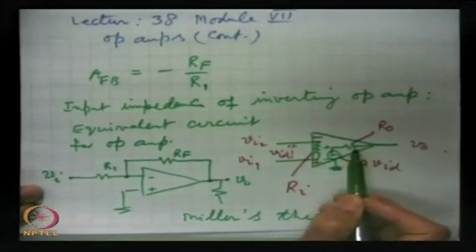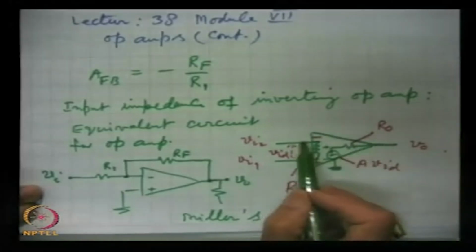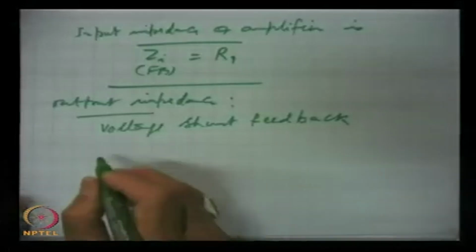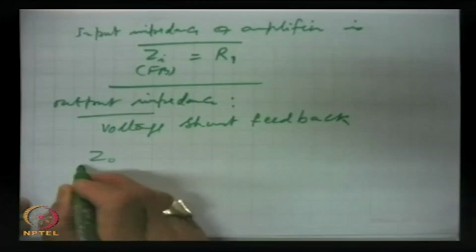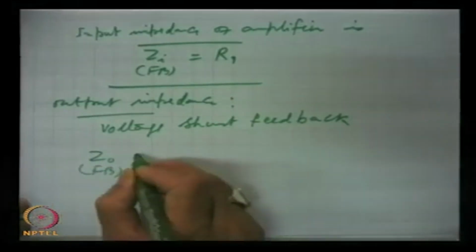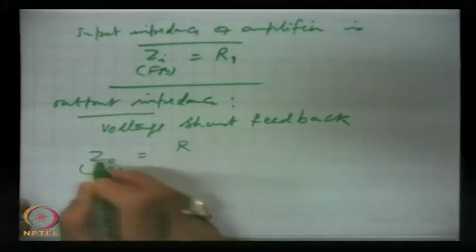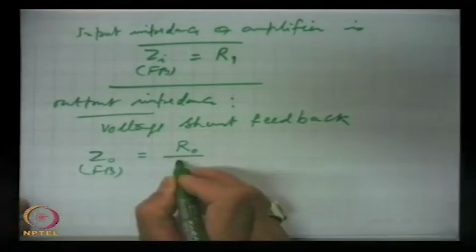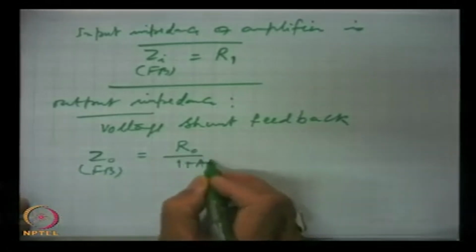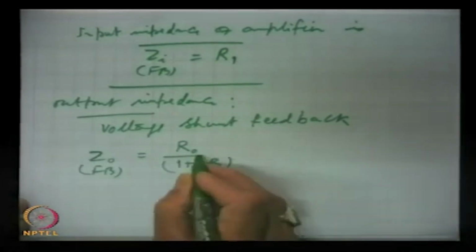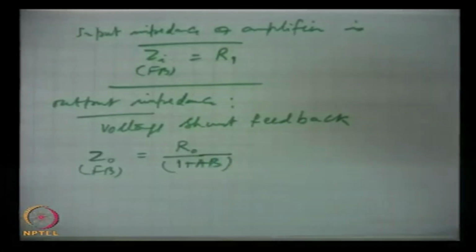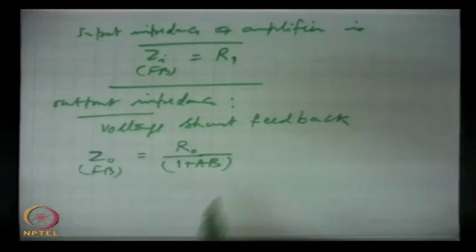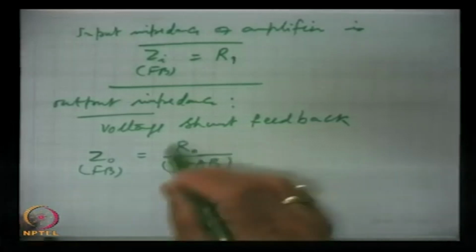This RO, because of that feedback, will be reduced. This is RO with feedback. ZO with feedback is RO by 1 plus AB, and so this is drastically reduced.